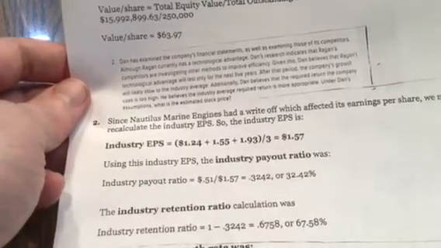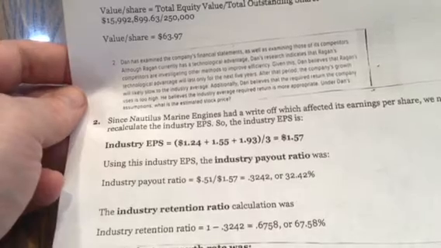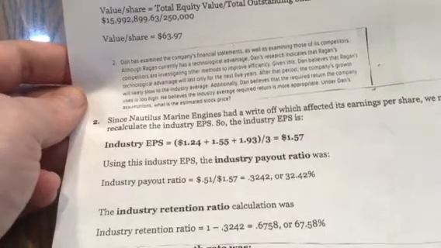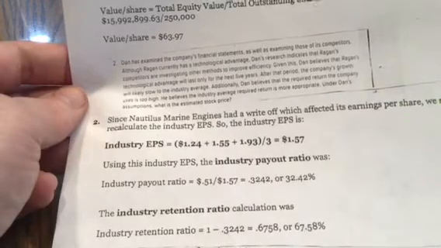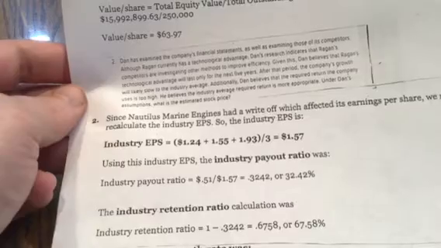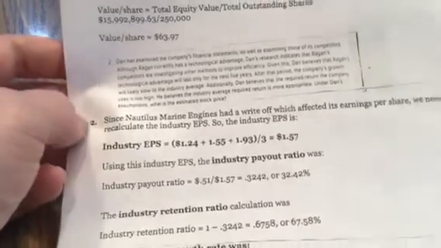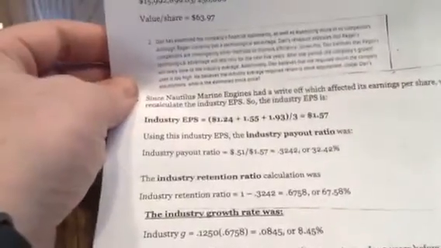On number 2, they believe that the industry average is the required return that fits this company better, and under Dan's assumptions, we're supposed to estimate the stock price. There was a write-off per share, so we need to recalculate the industry's earnings per share.